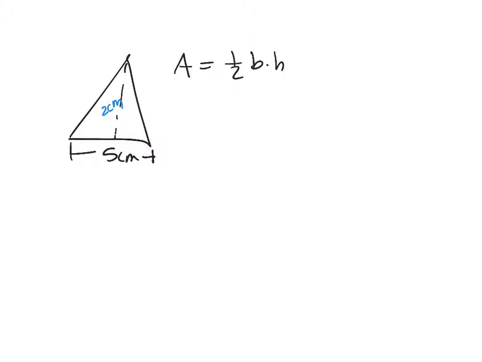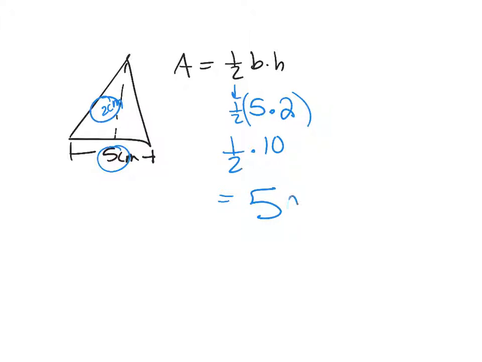Every triangle is half of a rectangle. The base is 5. The height is 2. 5 times 2 is 10. And 1/2 of 10 is 5. So the area is 5 square centimeters because area always has square units.